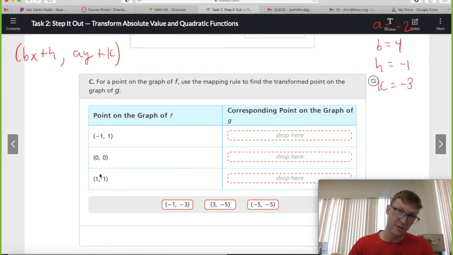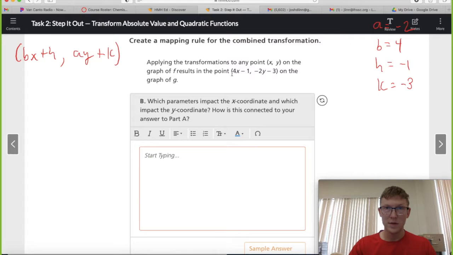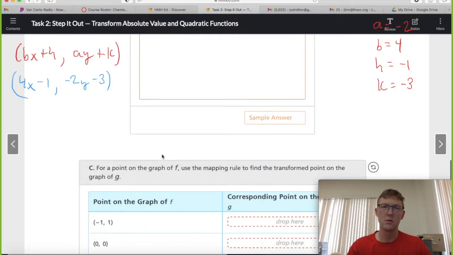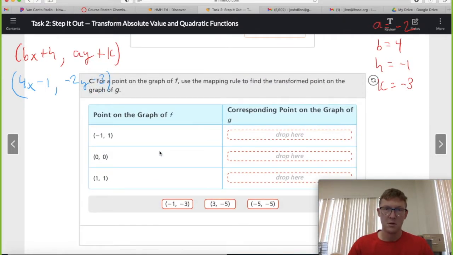These reference points on F were the corresponding points on G. So we just plug those in for x and y into this new formula, so let's write that down: 4x minus 1, negative 2y minus 3. When we put in negative 1, it's going to be negative 4 minus 1, so that's going to be a negative 5.